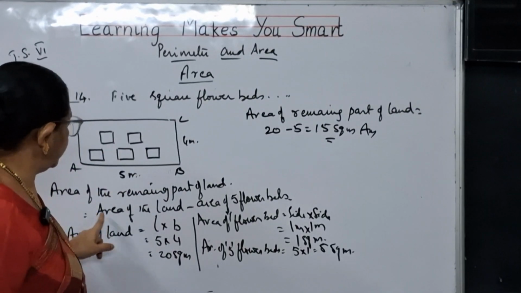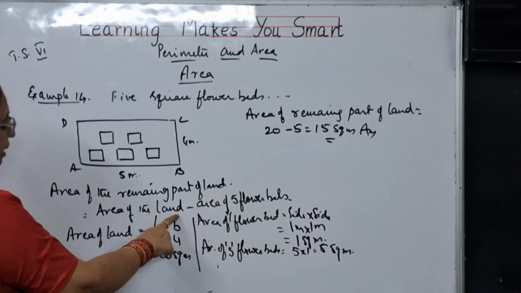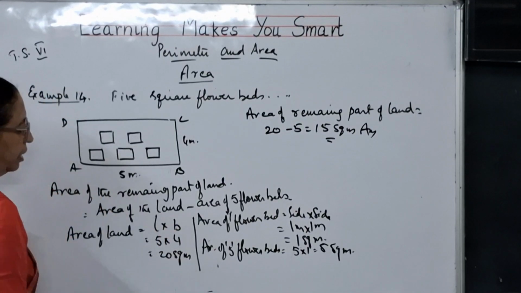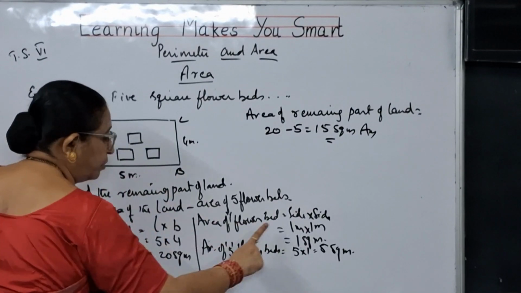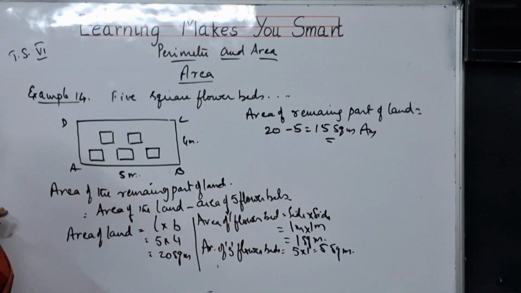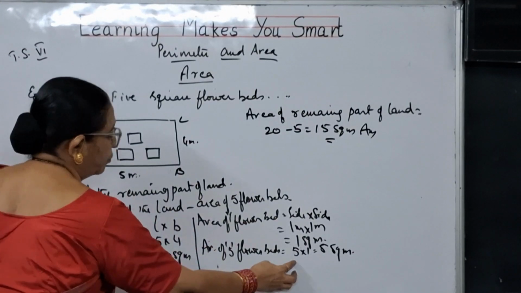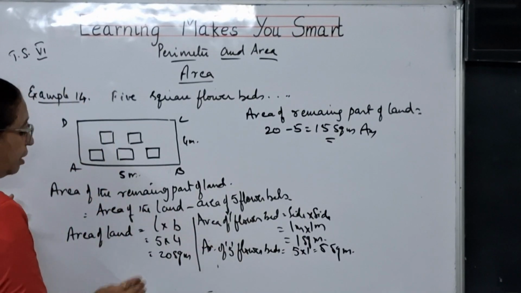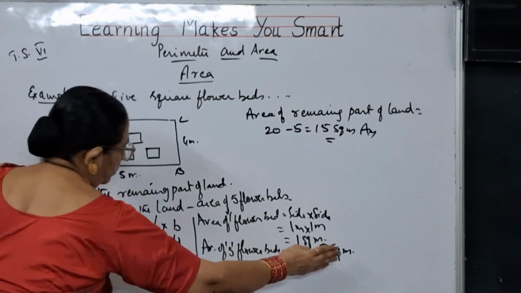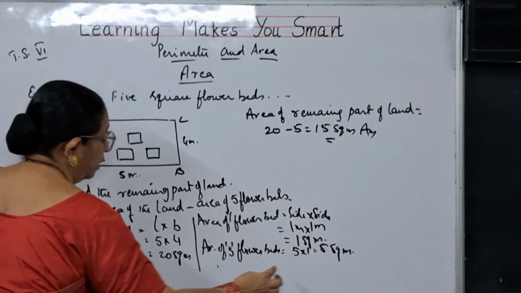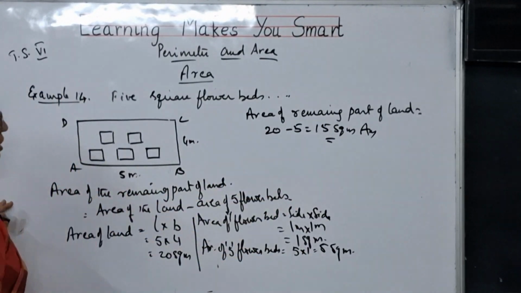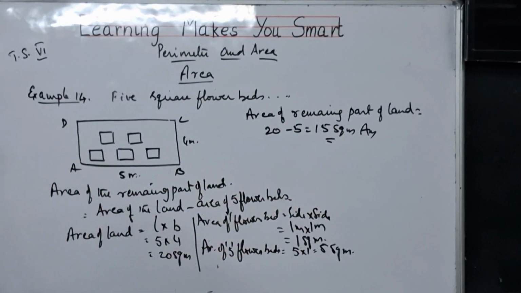So first what I did, I found the area of the land, length into breadth, and the area of one flower bed is 1 square meter. 5 are there, so 5 into 1, 5 square meters. So if you subtract this area from the total area, you get the area of the remaining part of the land. I hope I am clear, children.